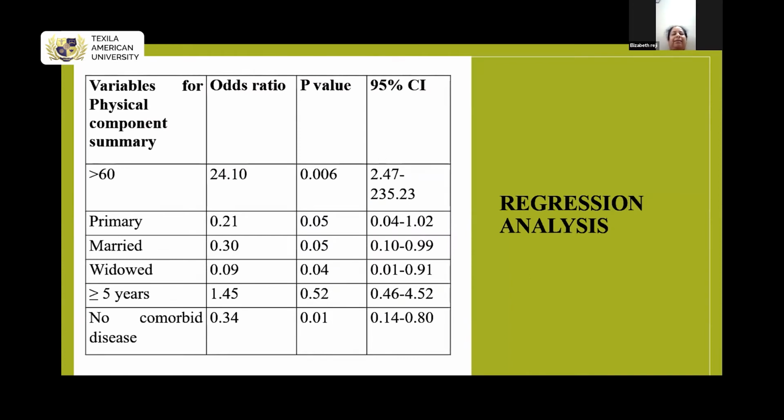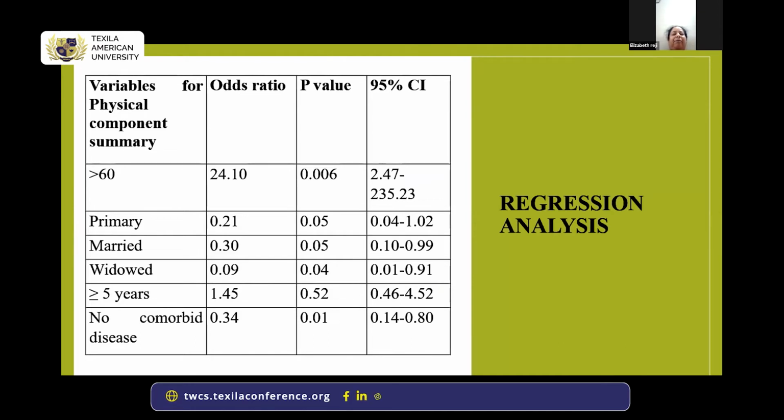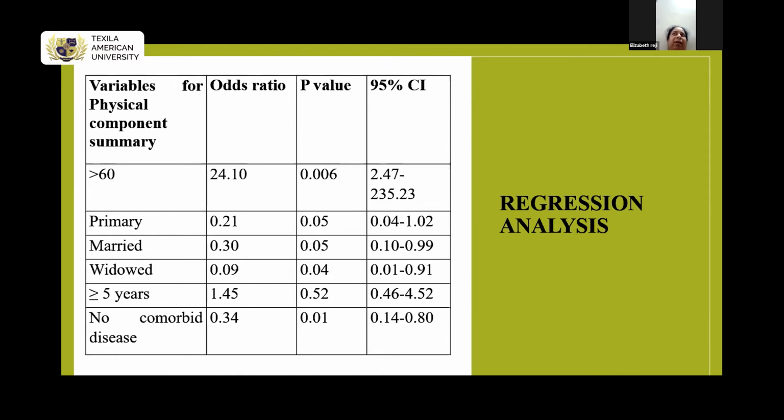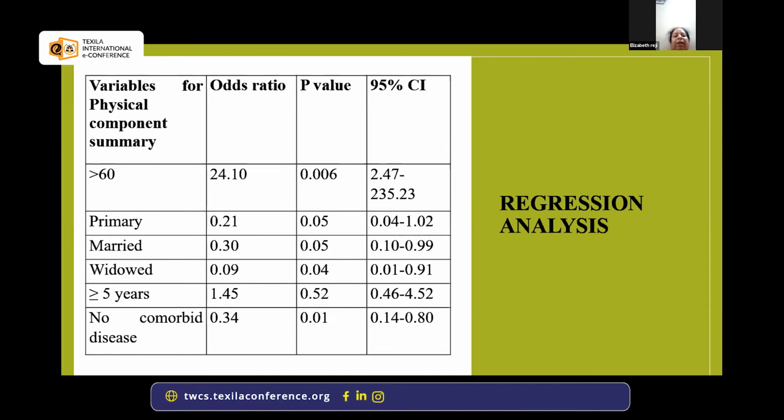Regression analysis. Here you can see that if a person is about 60 years old and married, they have a good quality of life compared to a person who is a widow. Primary education did not show much, where it actually showed low quality of life in these diabetic patients, and widows also had low quality of life.